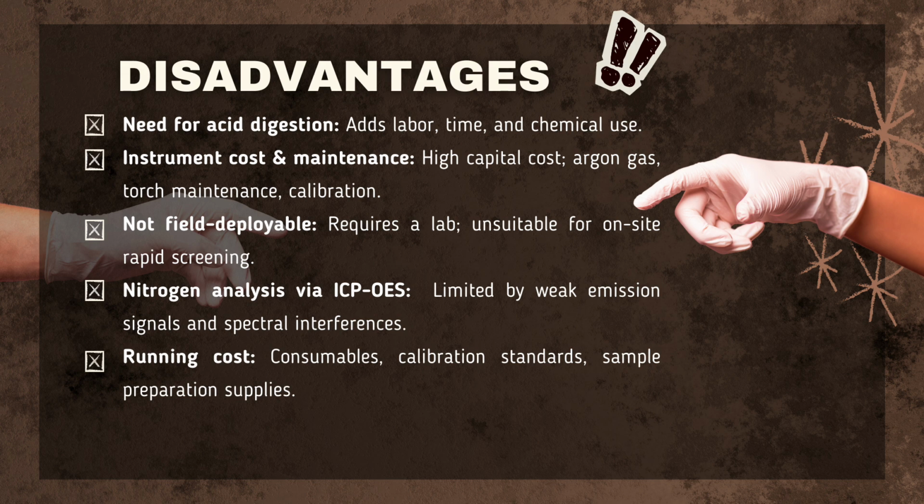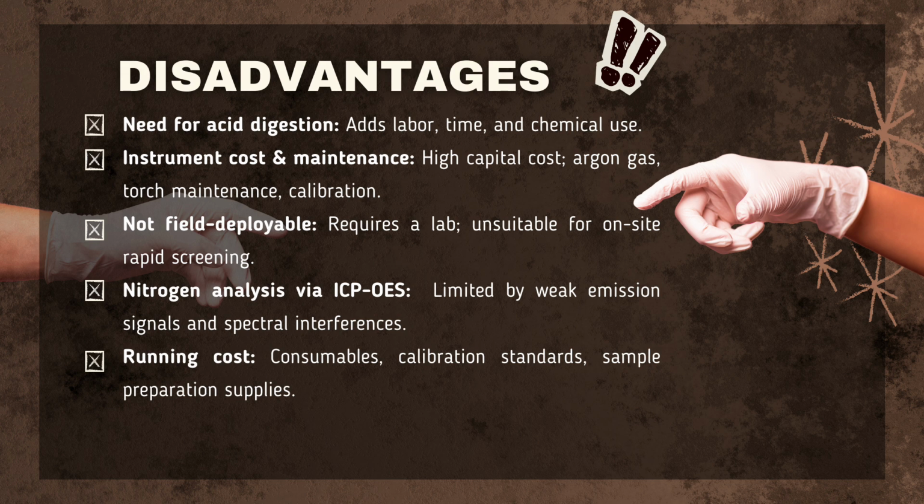operational cost. Third, it is not field deployable. Unlike portable analyzers, ICP-OES must stay in a laboratory with stable power and gas supply, so it cannot be used for rapid on-site screening. Fourth, nitrogen detection with ICP-OES is limited. Nitrogen has weak emission signals and is prone to background interferences.